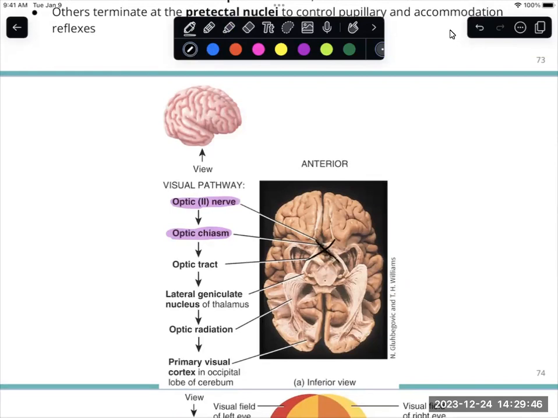From there, we are going through the optic tract, which if we keep following it back, we get to this lateral geniculate nucleus, which is found in the thalamus. And then we have this optic radiation, all of these fibers traveling to that primary visual cortex in that occipital lobe.